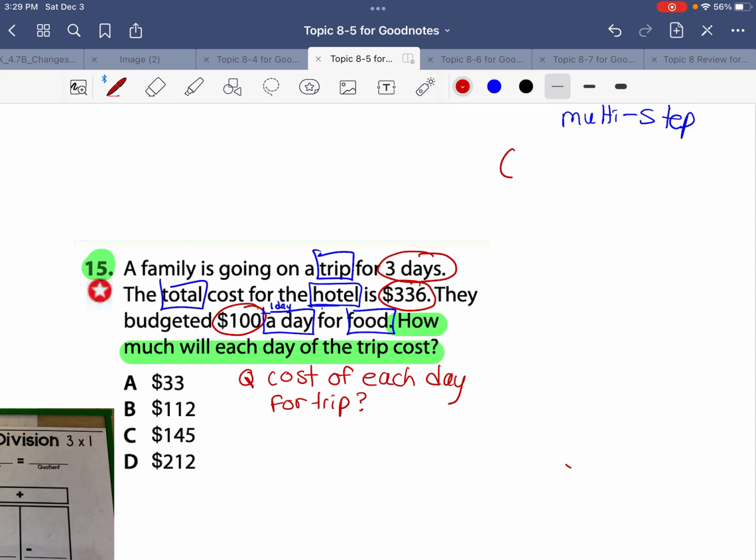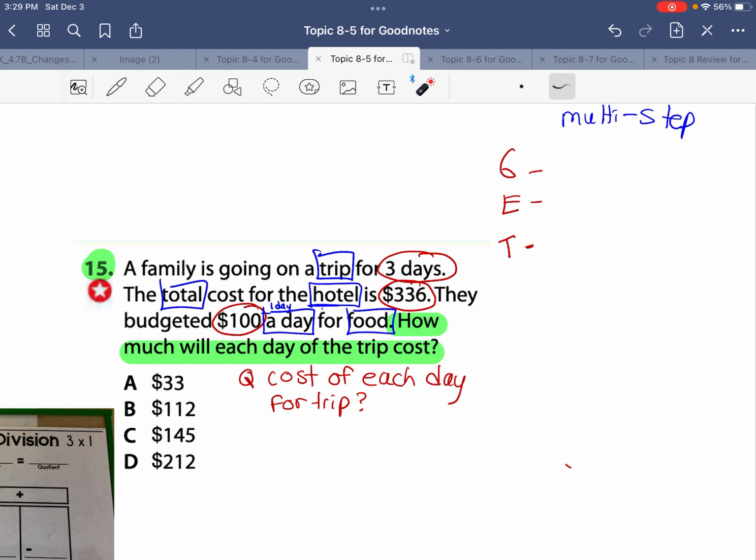Okay, so I'm going to do my get. Now, this is where we need to figure out what is my total. Because it says the total cost for the hotel is $336, but they're also going to get food.